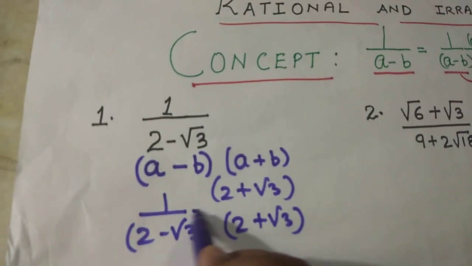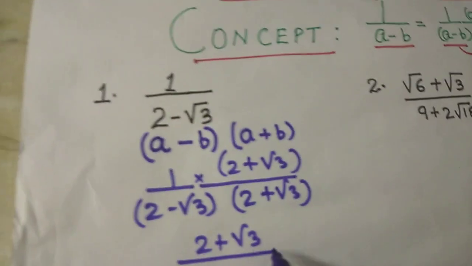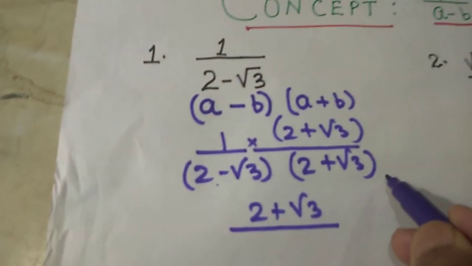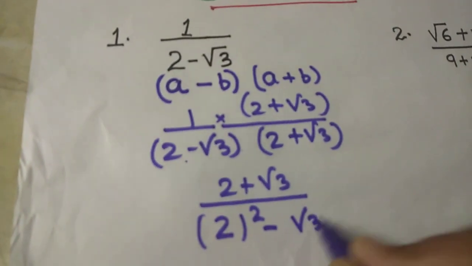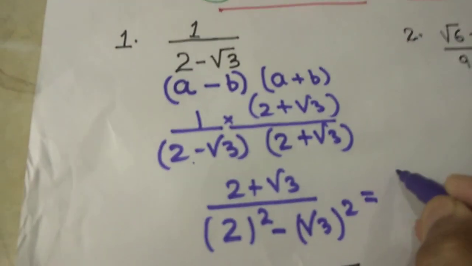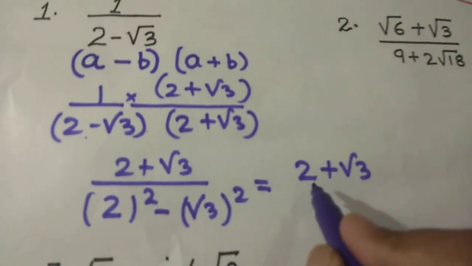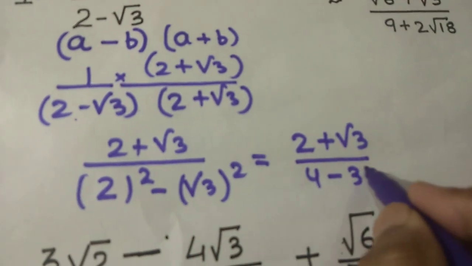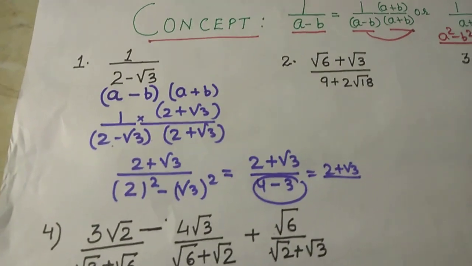Now the denominator is 2 minus root 3 times 2 plus root 3, a plus b times a minus b, which is 2 whole square minus root 3 whole square. So the numerator is 2 plus root 3, divided by 4 minus 3, which is 1. So your answer is 2 plus root 3.